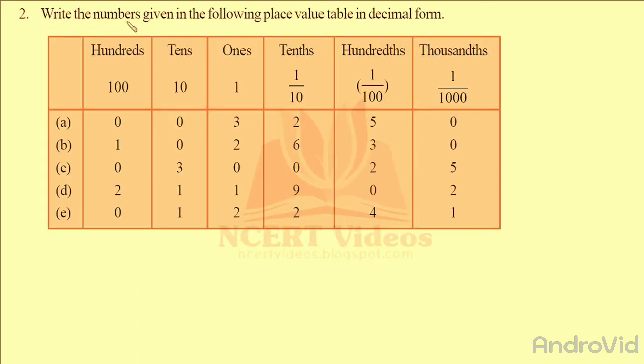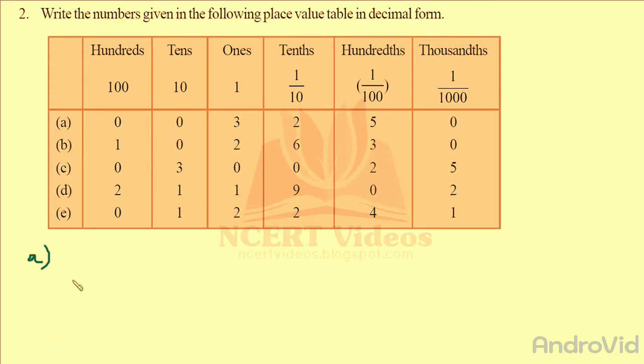Question 2. Write the numbers given in the following place value table in decimal form. We have to write the numbers in decimal form. So A part, no hundreds, no tens, 3 ones are there.